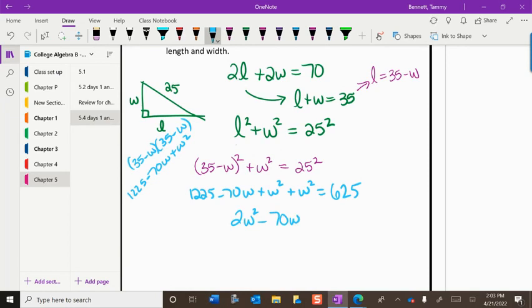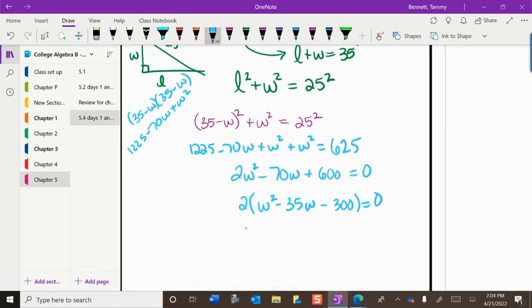So then I take 1225 minus 625 is 600, equal to 0. So it looks like we can factor out a 2, do that. So W squared minus 35W minus 300 equals 0, so does that factor? I'm hoping.